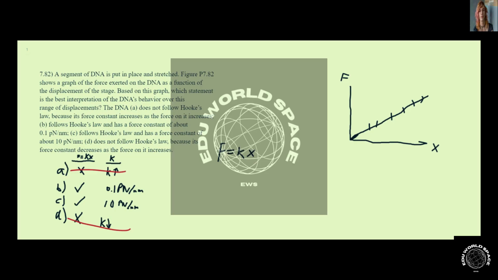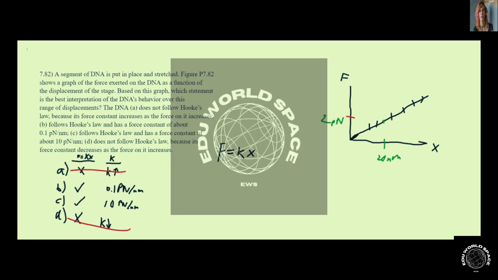Now what is that constant K though? We can essentially just substitute in what our F and our X is at one of these points. So I'm going to plug in 2 piconewtons, and that corresponds to a point here of 20 nanometers.